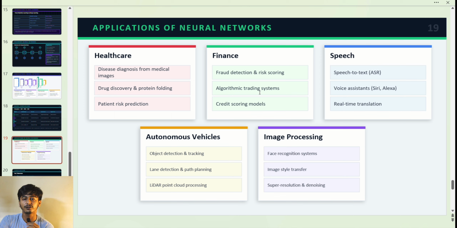In finance, algorithmic trading and real-time fraud detection rely on the speed of neural networks. Even in the automotive sector, autonomous vehicles use a fusion of CNNs for vision and RNNs for path planning. We aren't just building models, we are building the infrastructure for a more automated and effective world.